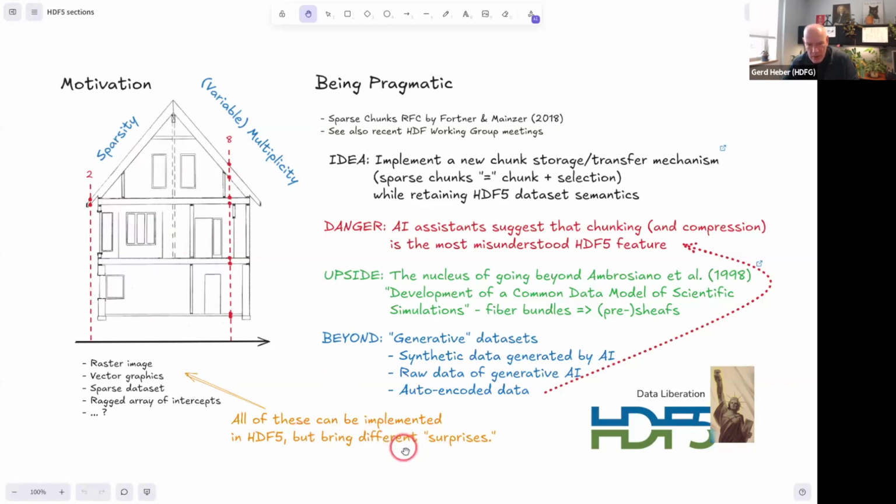There would be different surprises in store here. What I mean by that is, for example, if you treat this as a raster image and you don't apply some kind of compression or something like that, if you scale this up, you'll be surprised how large this data set becomes very quickly, and that would be one surprise.